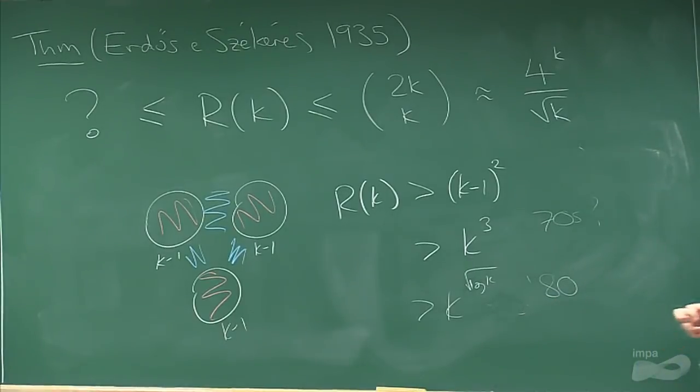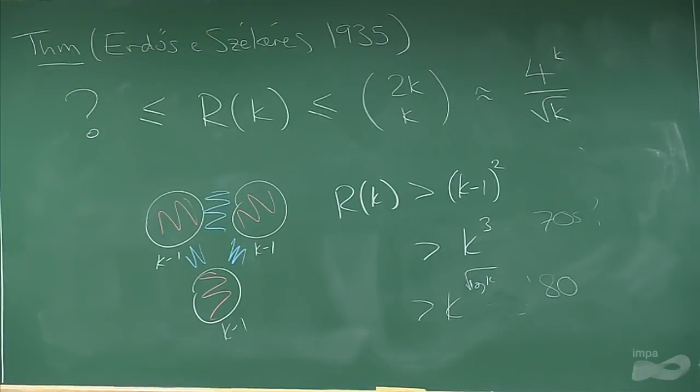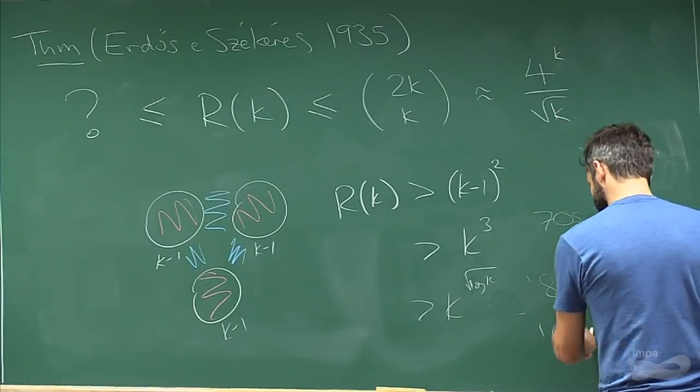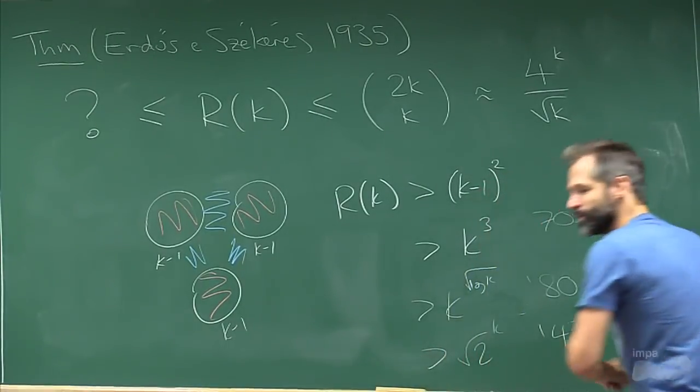It's in the notes. This is pretty hard, right? It's pretty hard to come up with these constructions. This is nowhere near 4 to the k. k to the root log k is nowhere near. Nevertheless, it was proved by Erdős in 1947, I think, that it's greater than root 2 to the k.